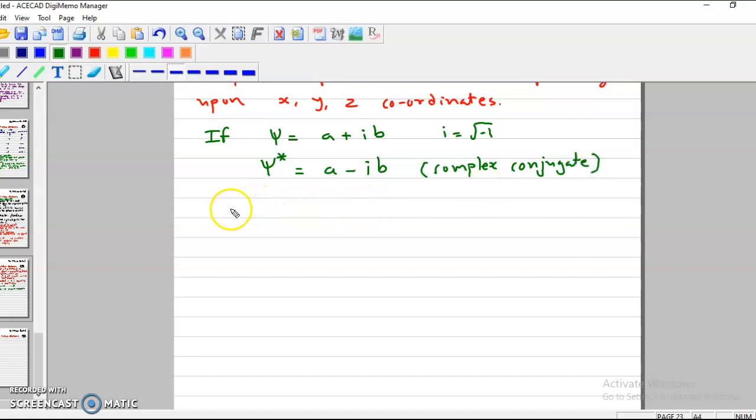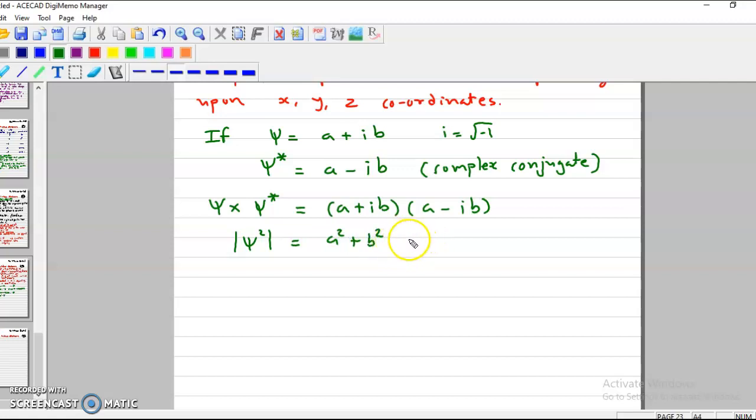If we take psi and psi star in multiplication, it will be a plus ib into a minus ib, and we write psi square is equal to a square plus b square.